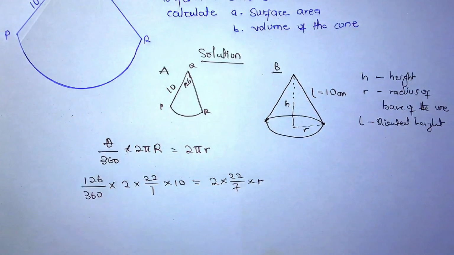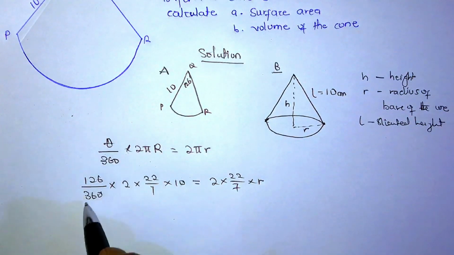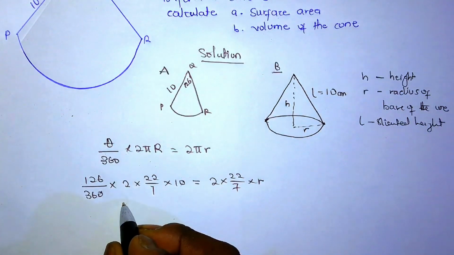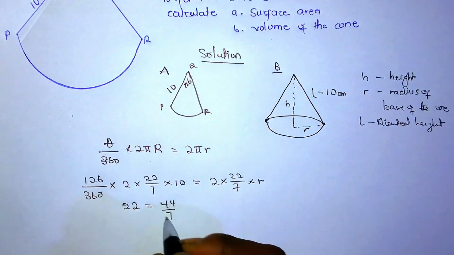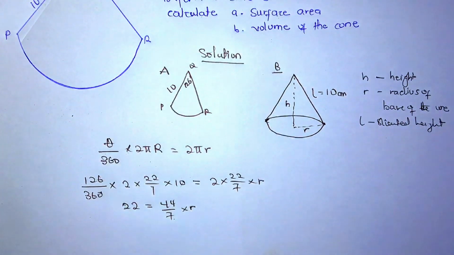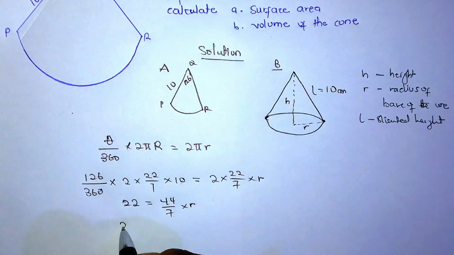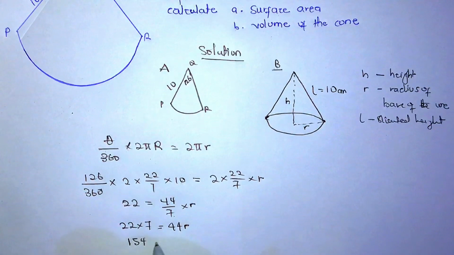Okay, so everything here, this 0 can cancel this and things will cancel out. We are going to get 22 is equal to 44 over 7 times r. So we multiply through by the 7, get 22 times 7 is equal to 44 r, and this becomes 154.